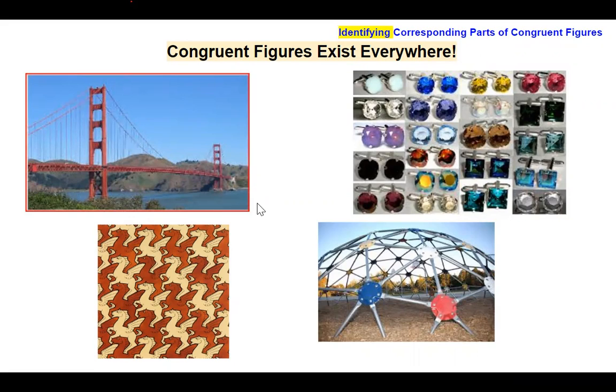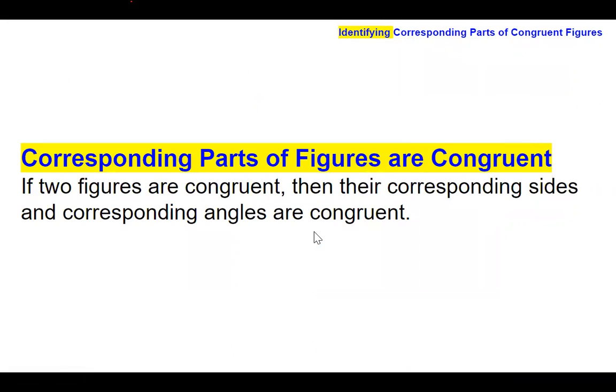Now, the parts that we're going to focus on are two: the figure's sides and the figure's angles. Those two items are what we're going to concentrate on so that we can state that we have congruent figures. Here's our definition, so go ahead and copy this one down, guys.